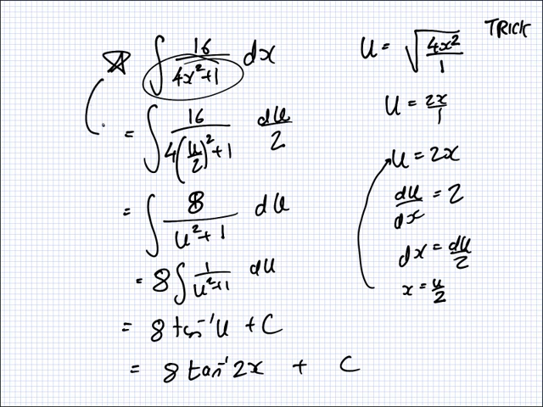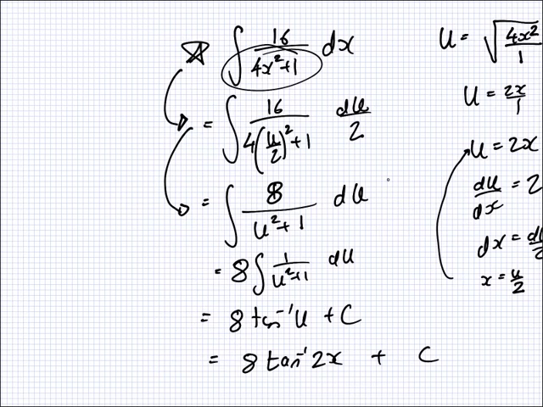The step here to here? Okay, let's see. I wrote it a bit short. If I look at what's happening here, it's 4u over 2 squared plus 1.